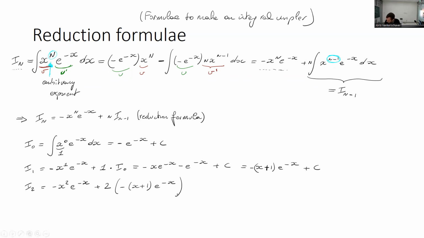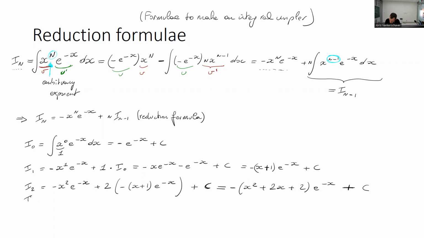I'm not going to write the plus constant yet, I'm going to add it at the end. I can simplify that a little bit, and let's do that all on the same line. I can write this as minus x squared plus 2x plus 2, times e to the minus x, plus a constant.